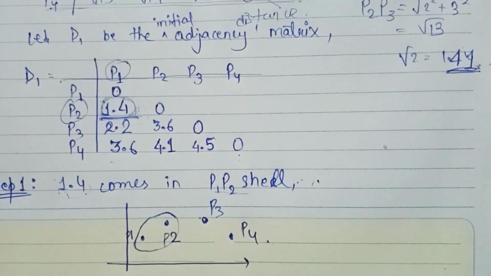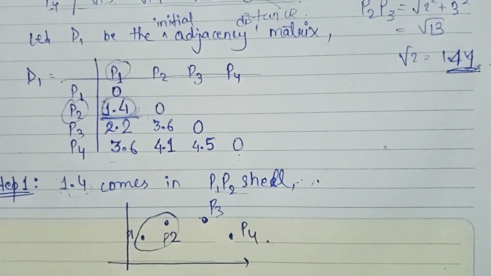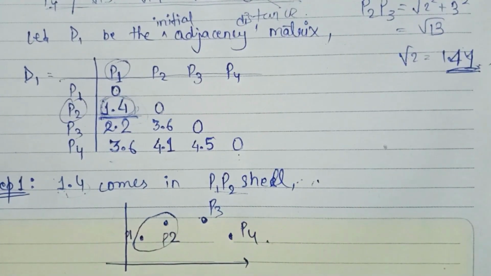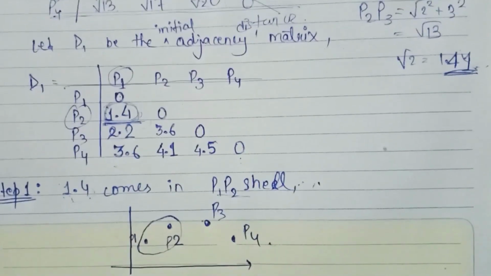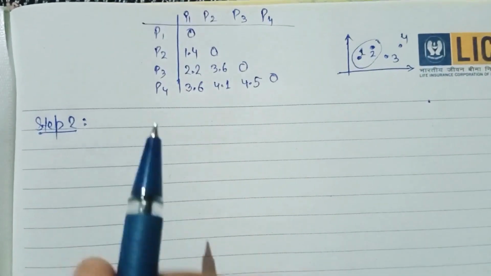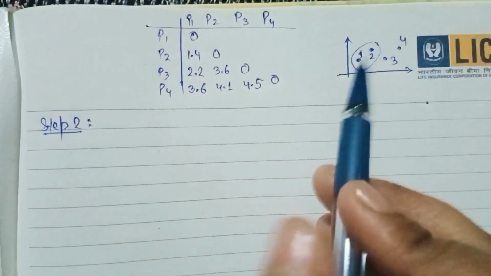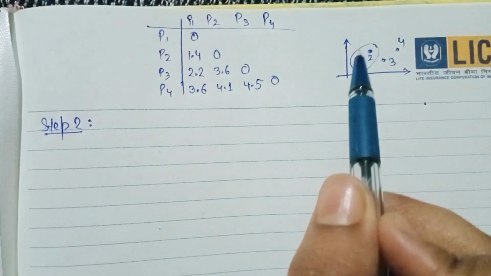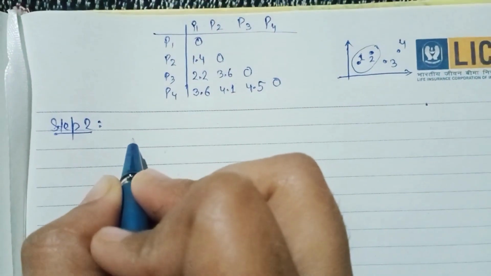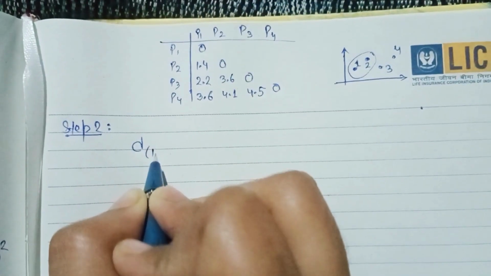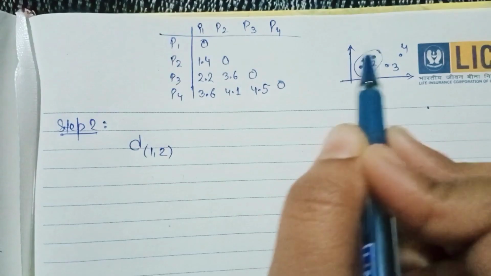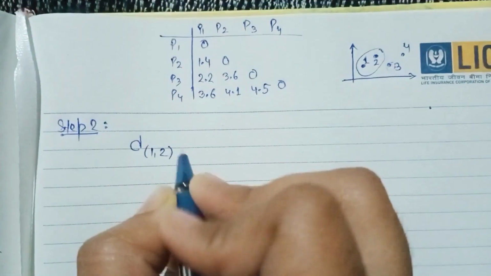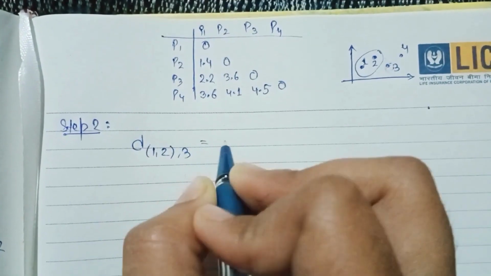Now our step 2 is to calculate the distances. Let's see how we will calculate. Now we will calculate the distances of the other points with this single cluster, like D of 1 2 with 3, the single cluster with 3. How we will calculate?